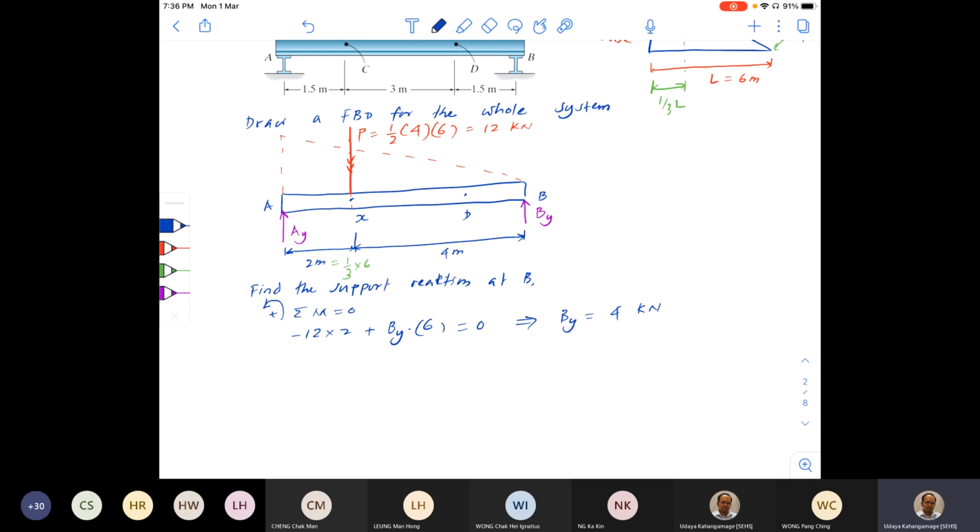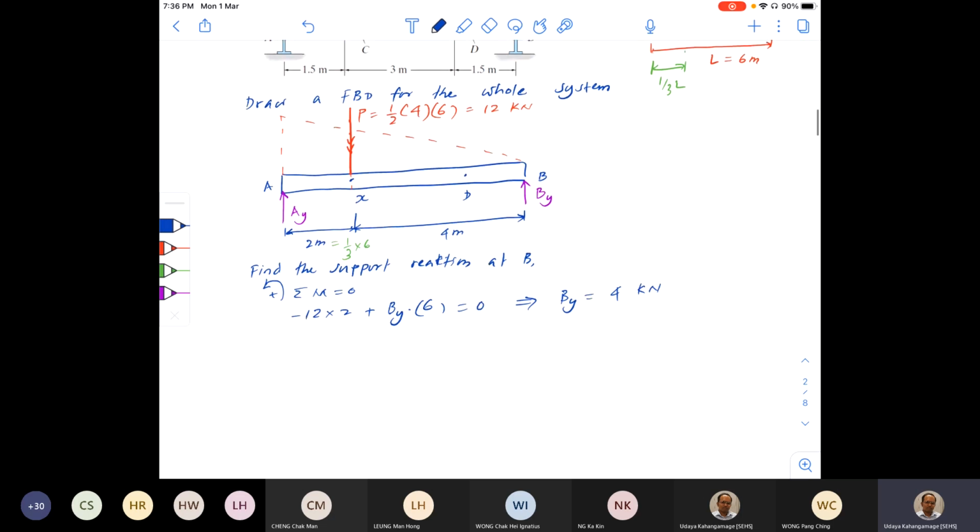Right. So now I think we don't need to find out AY, but if you want, you can easily find out AY now, right? Get the vertical direction, Y direction force balance, then you can find out AY. So what our target is to find out internal forces at point D. So we need to cut the member at D and open the internal forces. So I'm going to draw another free body diagram now.